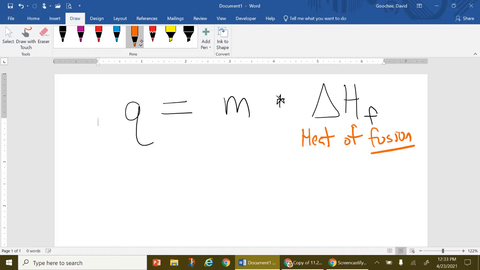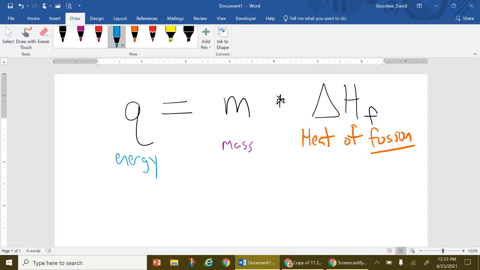Fusion, by the way, just means to melt together. So again, the energy needed to melt a thing is just equal to its mass times its special heating value to melt it. Every substance has a unique heating value, just like every substance had a different specific heat.